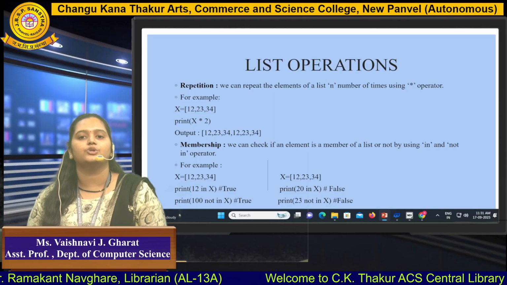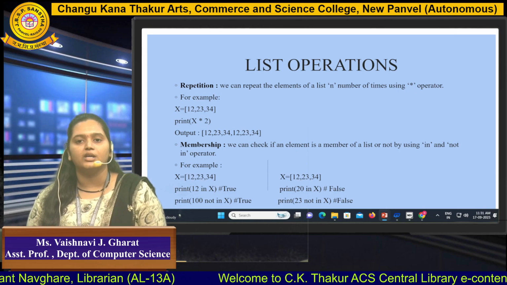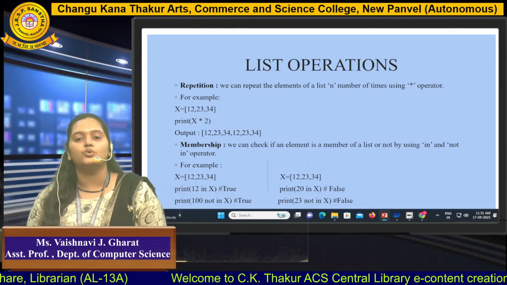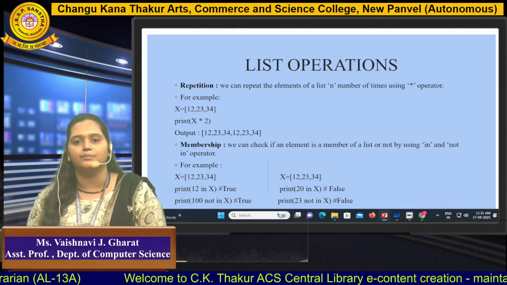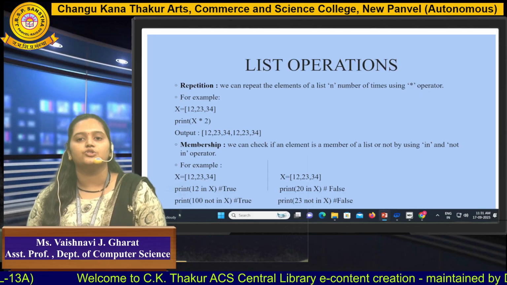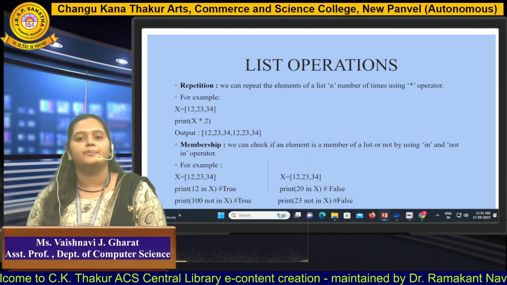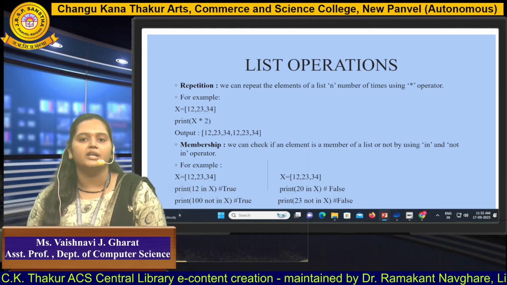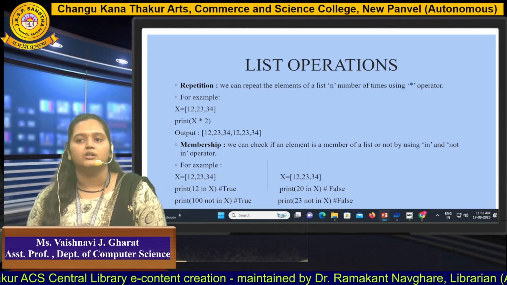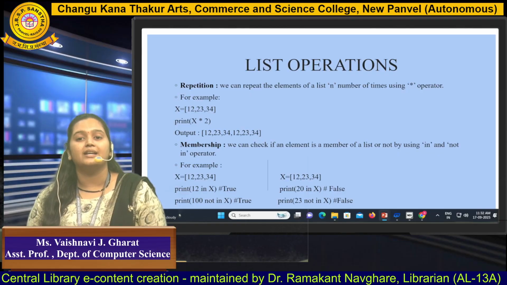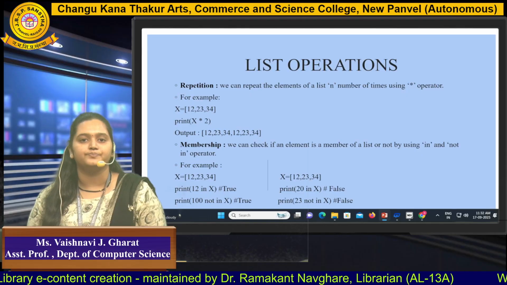That's why our output is True. Then again for in, we can see there is no 20 in the list, so it shows False. And again we are seeing print 23 not in x. As you see there is a 23 in the list, that's why it shows False.